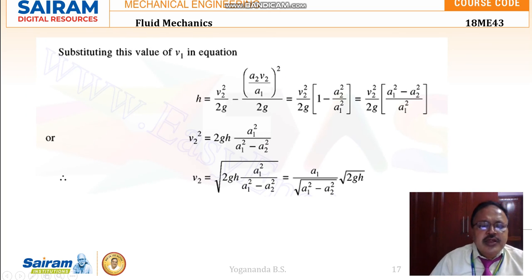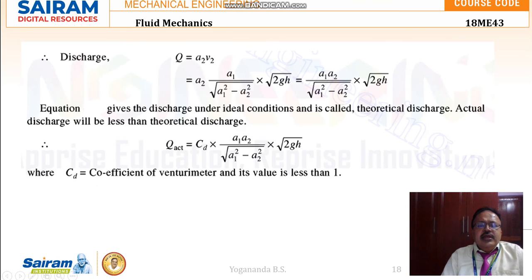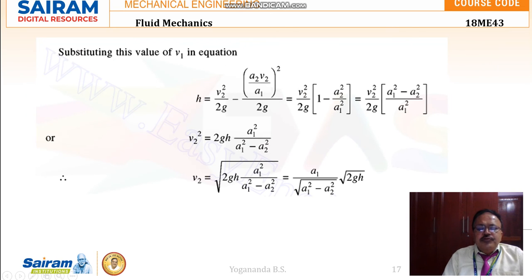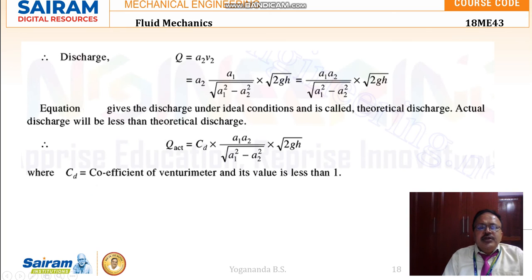Replacing V2 with the equation we have here, this is now A1 A2 divided by square root of A1 square minus A2 square, into square root of 2GH. This equation gives the discharge Q under ideal conditions. This is called the theoretical discharge, Q theoretical.